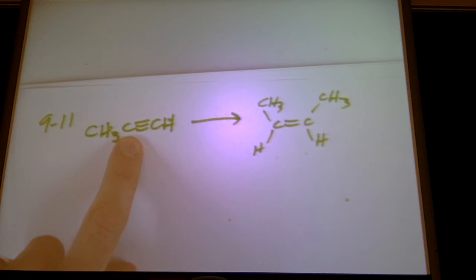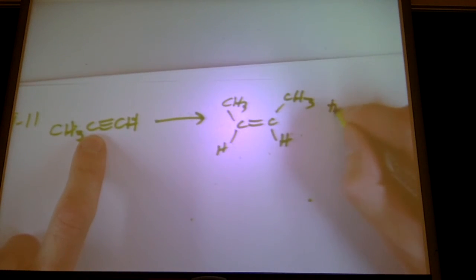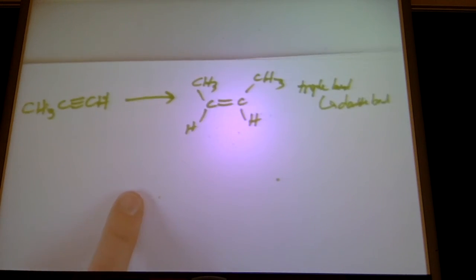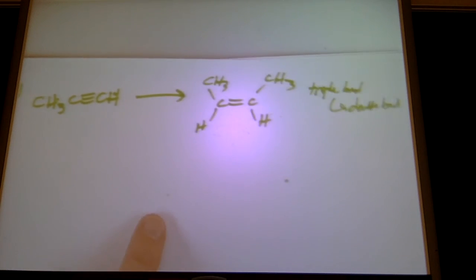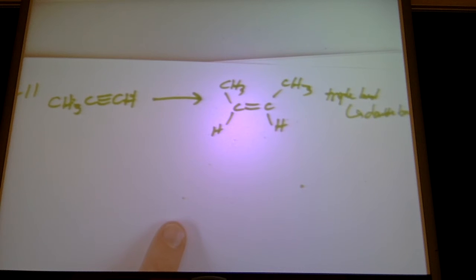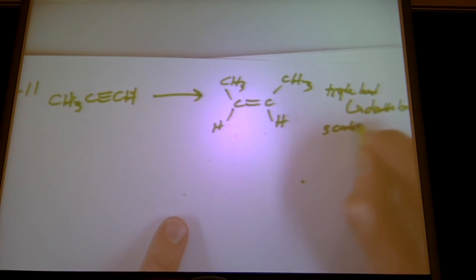Okay, so here I have a triple bond going to a double bond. What else is different? Yeah, there's another carbon added. I went from 3 carbons to 4 carbons.